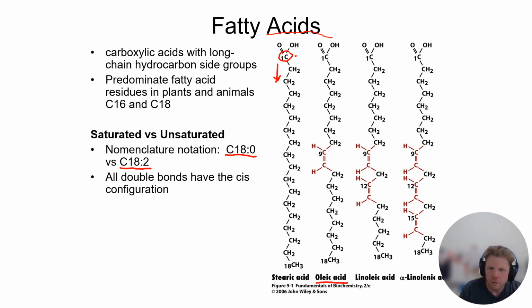Again, carbon number 1, carbon number 18, so this would be C18, but then the question is, what number, if any, follows that colon? And the answer is it's going to be 1, because it has a double bond between carbon number 9 and carbon number 10. So oleic acid is 18:1.